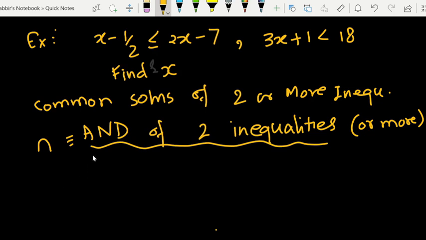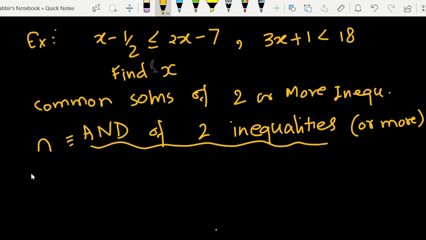Now, how do we find the common solution of two inequalities? The concept is similar to what we did in sets, "and" of two sets. Here we will have the two sets as infinite sets.